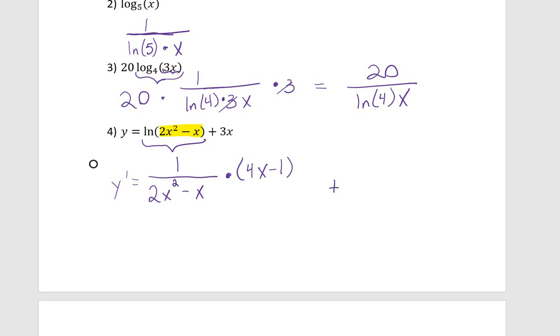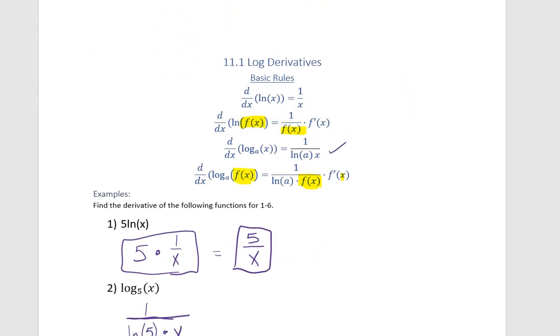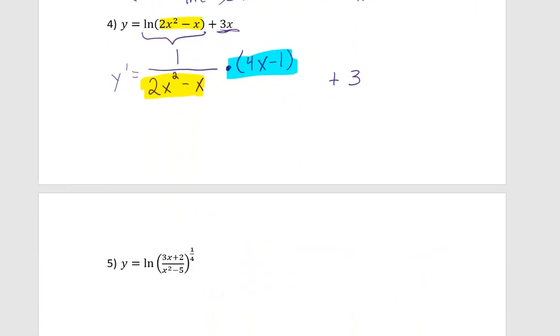Plus, now since we're adding, we don't have to do any chain rule or product rule, quotient rule. We just have to take the derivative of this guy, plus 3. So here again, what we did is that we just divided by that f of x on the inside and then multiplied by its derivative. Okay? So if we scroll back up, we can see that you leave the inside alone and then multiply by its derivative, just using the chain rule.